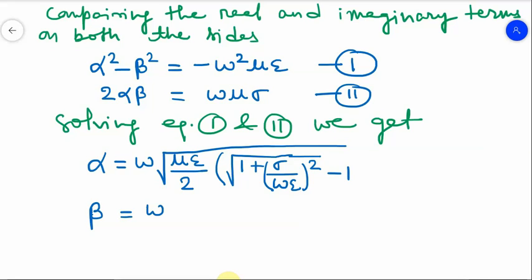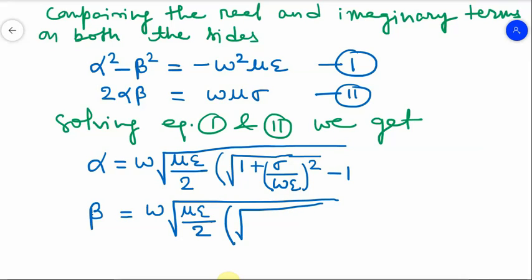omega root over mu epsilon upon 2, and this root over 1 plus (sigma upon omega epsilon) square, minus 1.